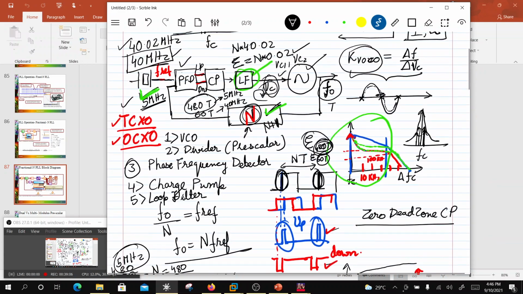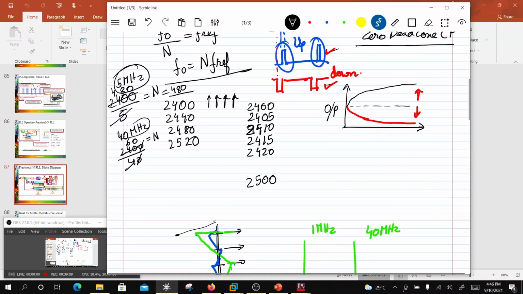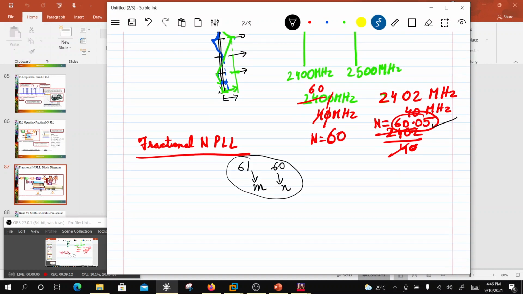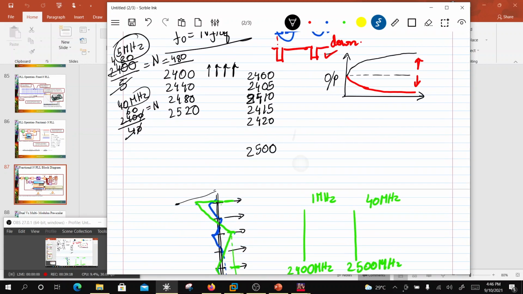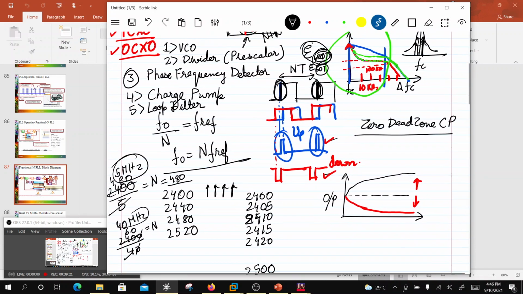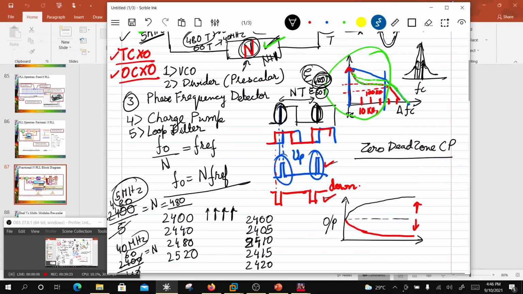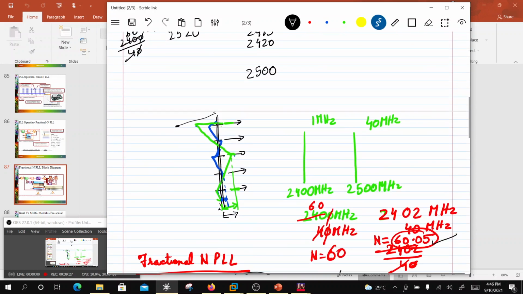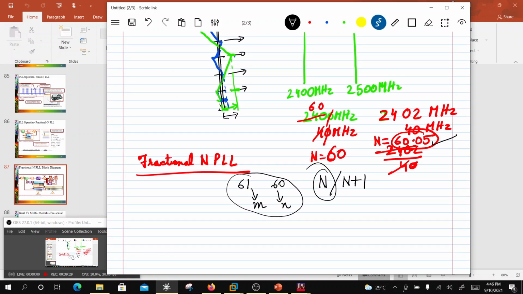And we will see if we have two fractions. For example, it is a dual modulus, because it is either dividing by N or dividing by N plus 1. So there is a fixed pattern. Let's say I divide first with all N's and then all N plus 1's.